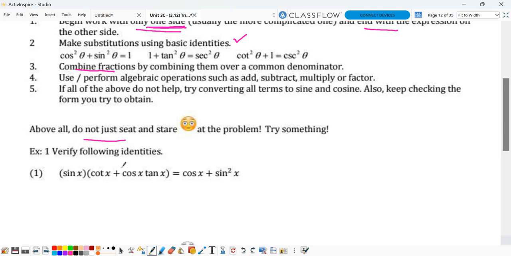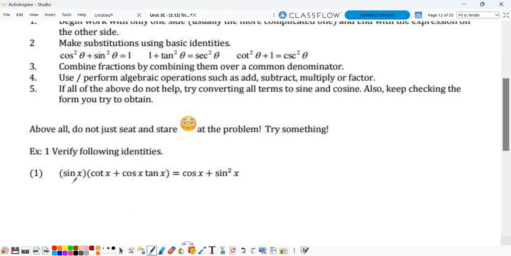For example, here the more complicated side is the left side, first. What would you do? Distribute. Think about A(B + CD): you get AB plus ACD. Basic algebra. I mean, this is pre-calculus. Now come to trigonometry.